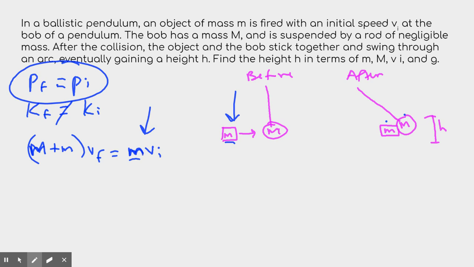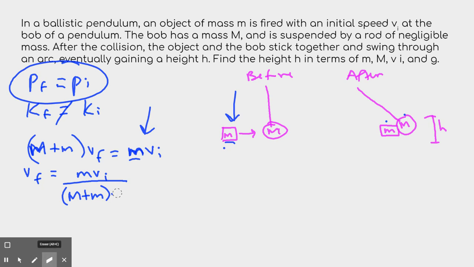So now let's rearrange this equation to solve for the final velocity. That would be the mass times the initial velocity of this one, divided by m plus m. There we go. That's what the final velocity would equal.